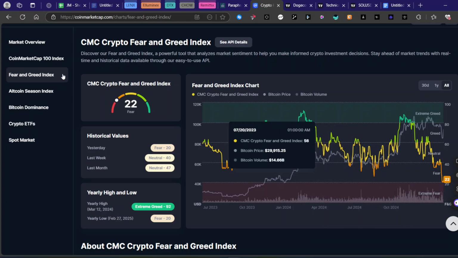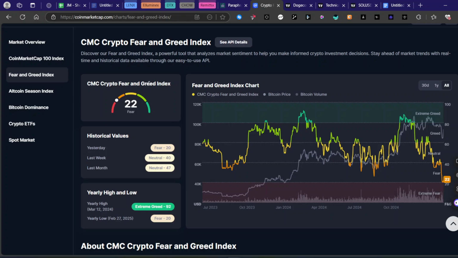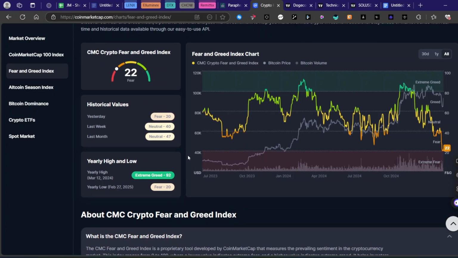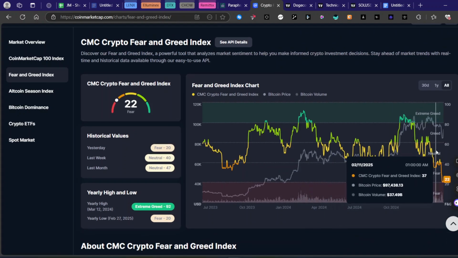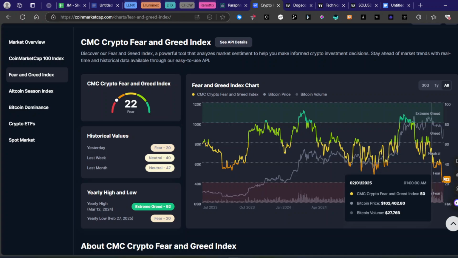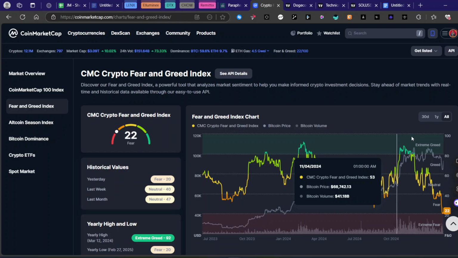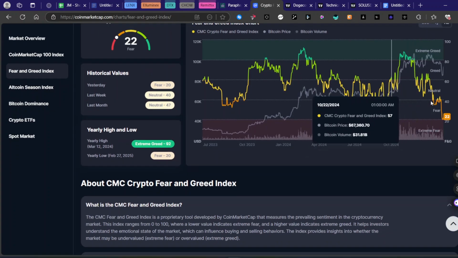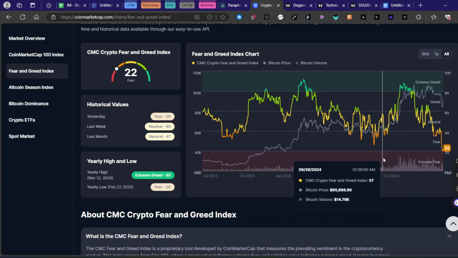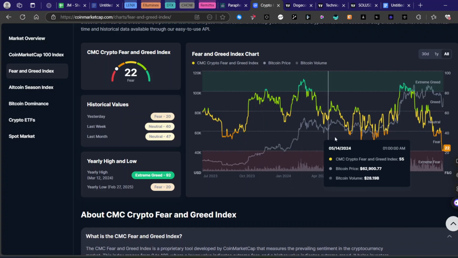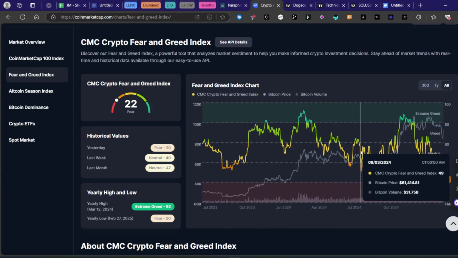Let's look at this chart around here. As you can see, I'm using the CoinMarketCap data to explain this.